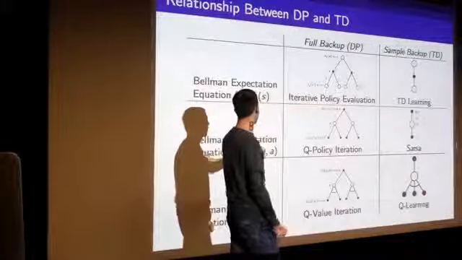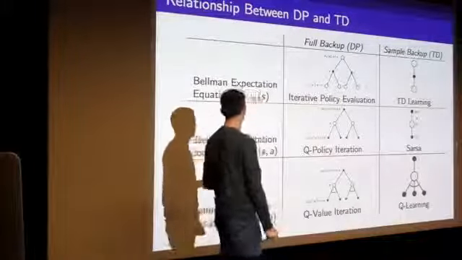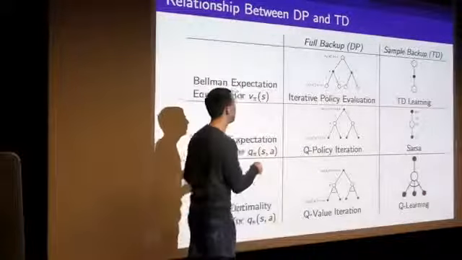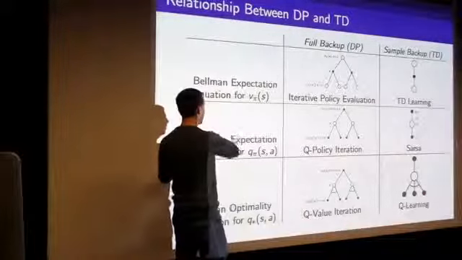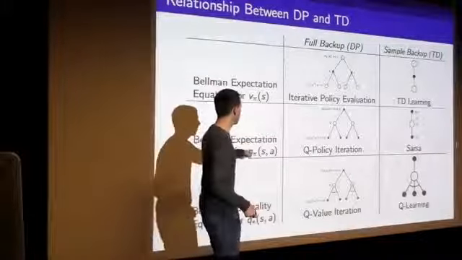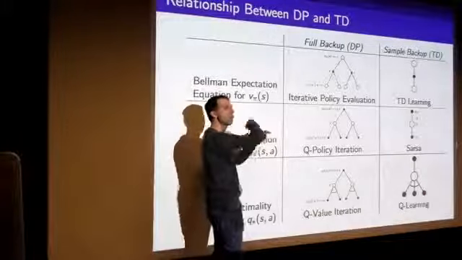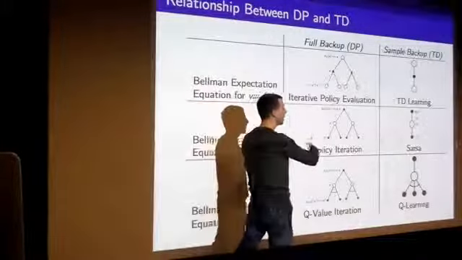When we do the Bellman equation for Q pi, we can actually do SARSA now. So when we use the Bellman expectation equation for Q pi, we can use that to evaluate our Q values and then plug that into our generalized policy iteration to make our policies better and better.